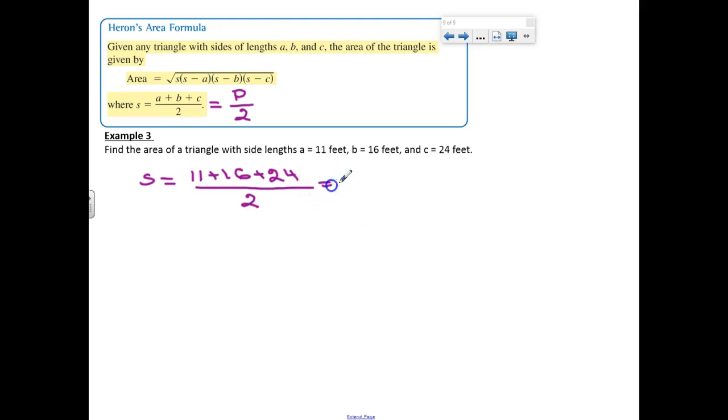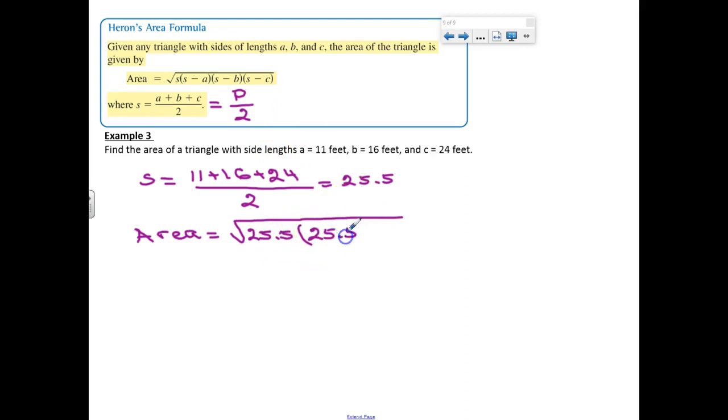That is 25.5. And then our next step is to calculate the area. The area is the square root of half the perimeter, 25.5, times half the perimeter minus each one of the sides.